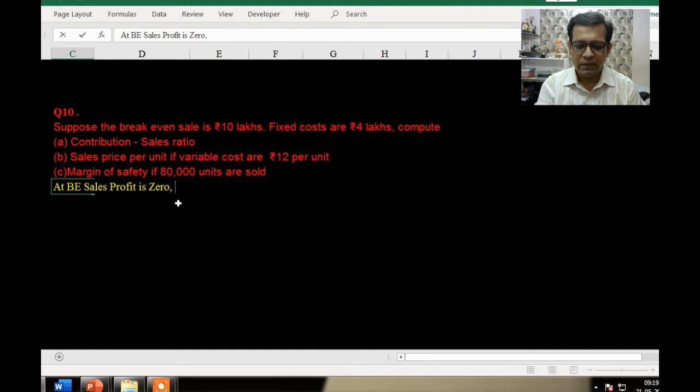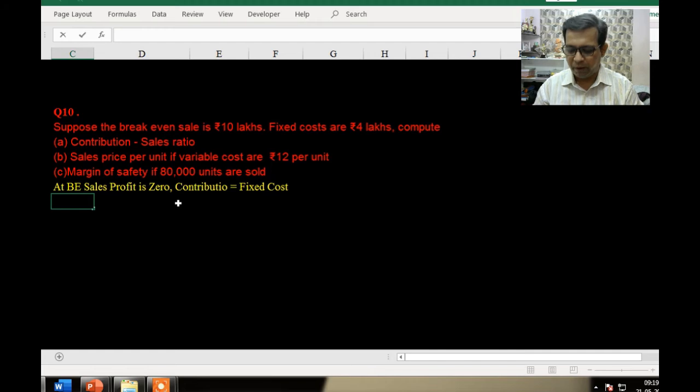Which means that contribution will be equal to fixed cost. Guys, this is something that we have already done, but I'm telling you again so that you remember it, which also means that contribution at BE sales will be rupees 4 lakh. That's given to us in the question. Break-even sales are 10 lakh, but the fixed cost is 4 lakh. Obviously, the contribution is 4 lakh. Our basic job's done.